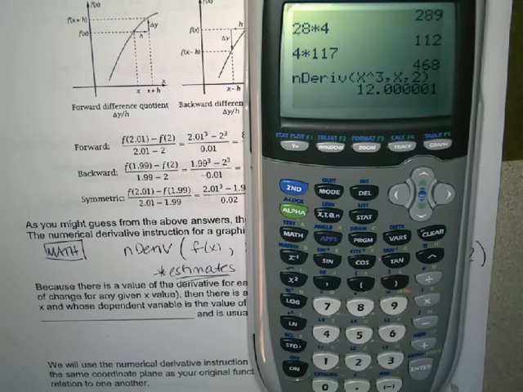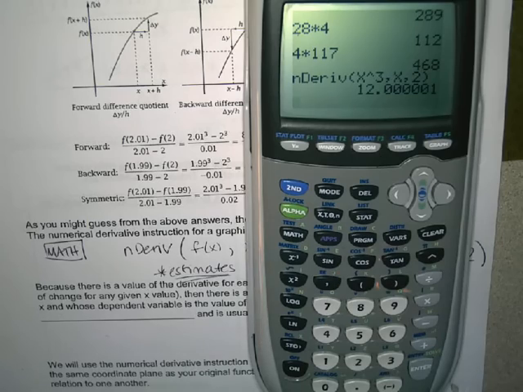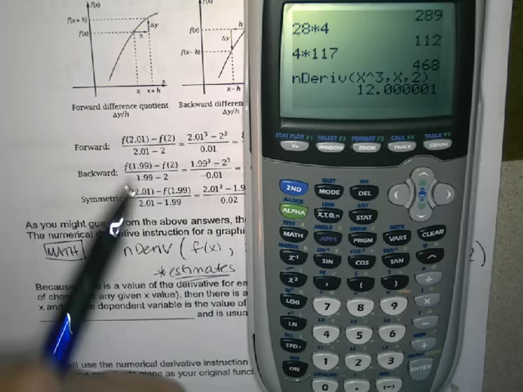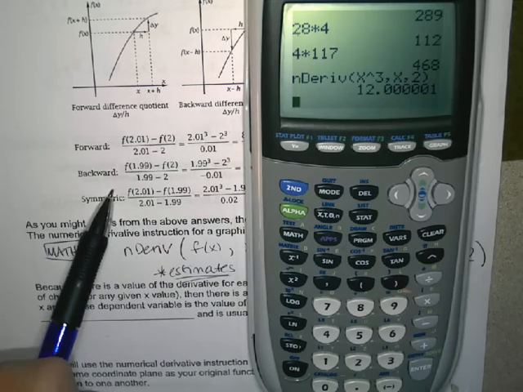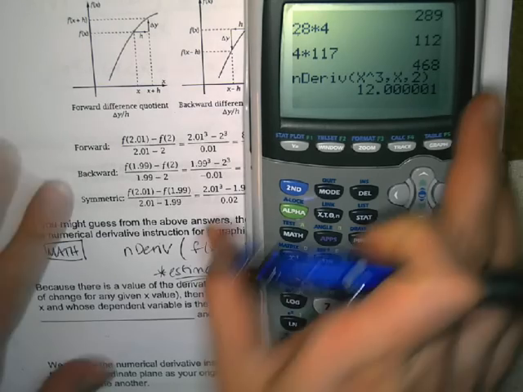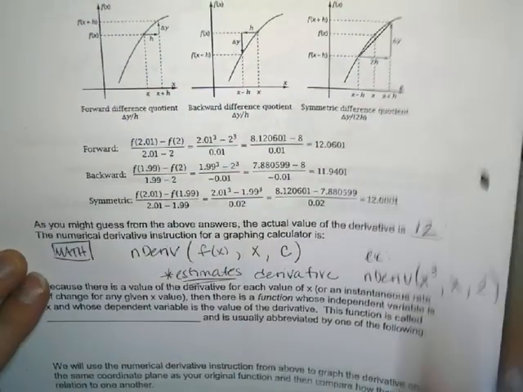Now you might have other decimals in there, but we're just going to say 12 is a good estimate here. So your calculator did the difference quotient for you, not the limit of the difference quotient, and punched out the value that you would get if you did it by hand, all 3 ways.